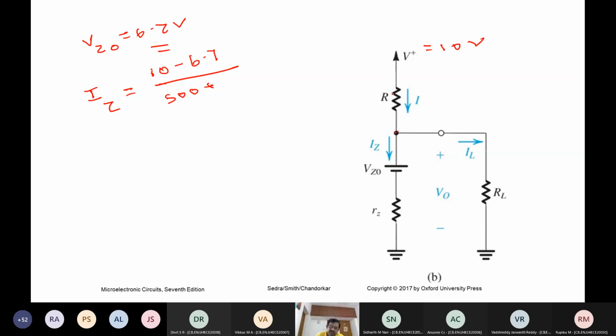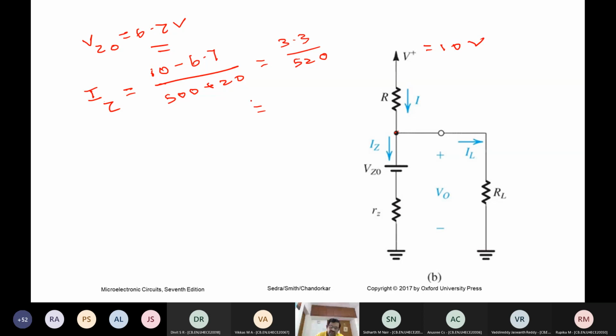If the series resistance is smaller, you will have a greater current, provided we are within the power limits of this Zener. So you have to keep that in mind. The series resistance has to be chosen; this point was emphasized in yesterday's lecture. So 10 minus 6.7, this is the maximum current that can flow. So 3.3 divided by 520.